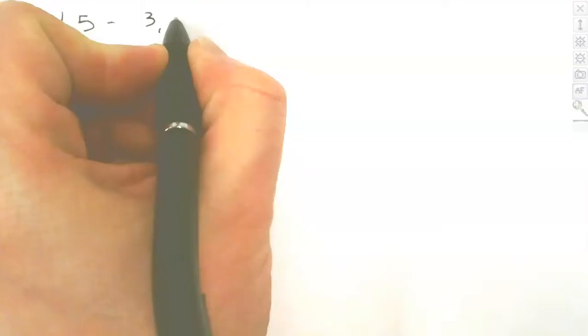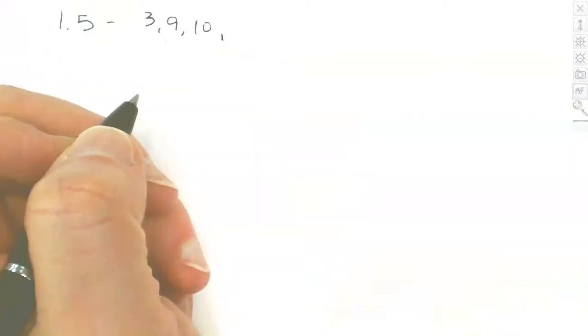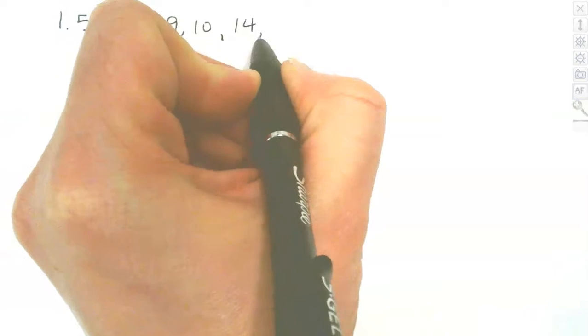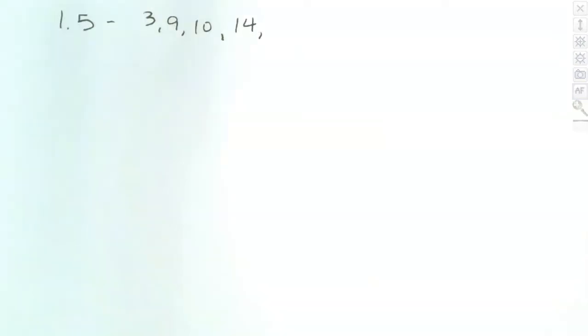Okay, which one's out of 1.5? And I can pick some if we need to as well. 3, 9, 10, and what else? 14. Yep, and 14. So 3, 9, 10, and 14. Any others to look at?